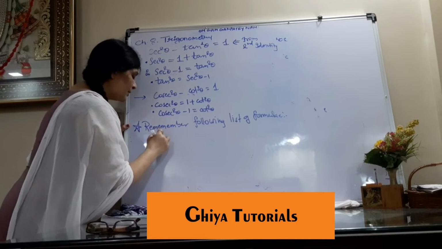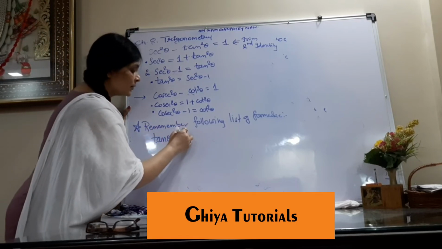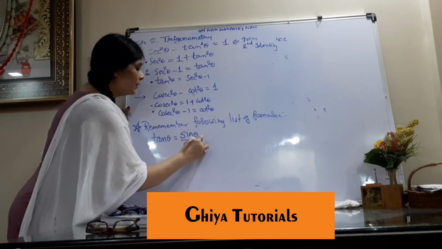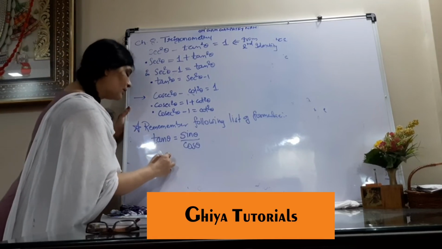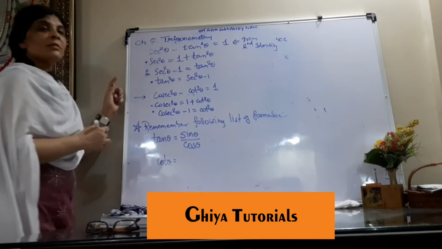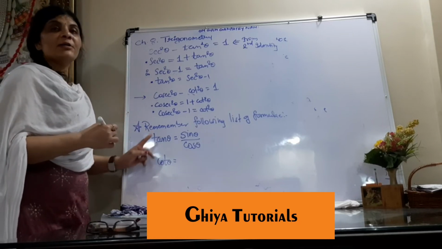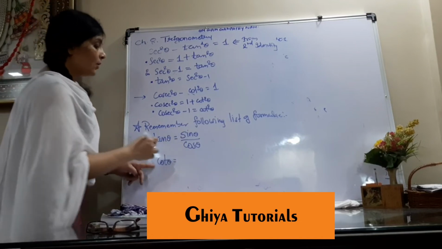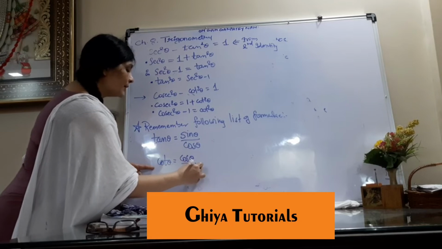You have to remember what tan theta is. Tan theta equals sin theta upon cos theta. Then what is cot theta? In the previous theory, we saw that tan and cot are inverse functions of each other. So when tan is sin upon cos, cot is cos upon sin.